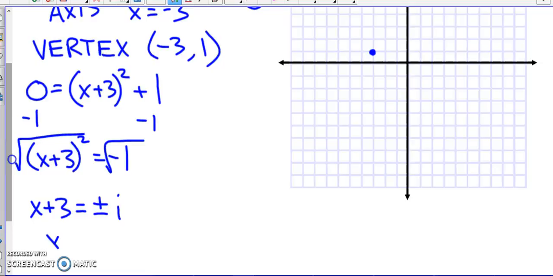And so this comes out to be negative 3 plus or minus i. Where's that on the x-axis? It's not. Imagine that.